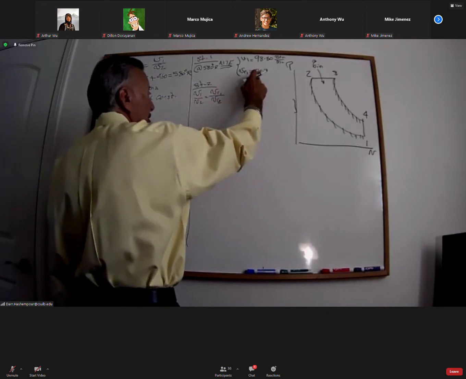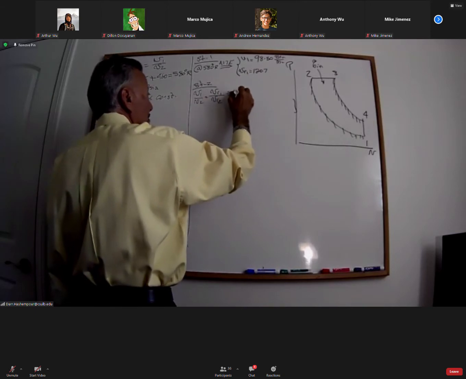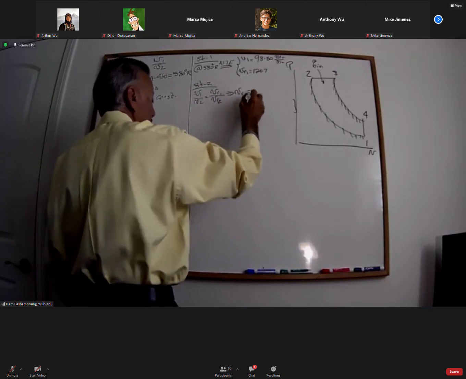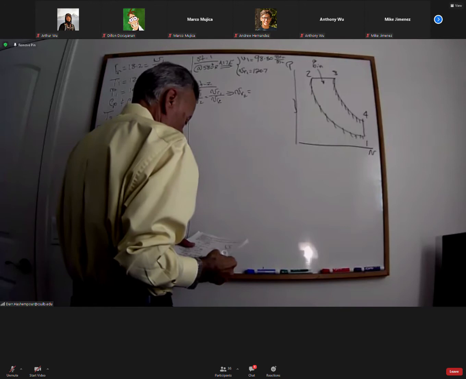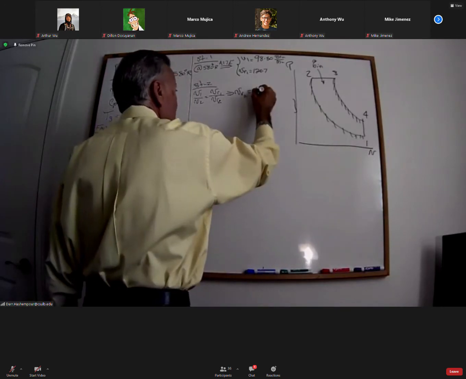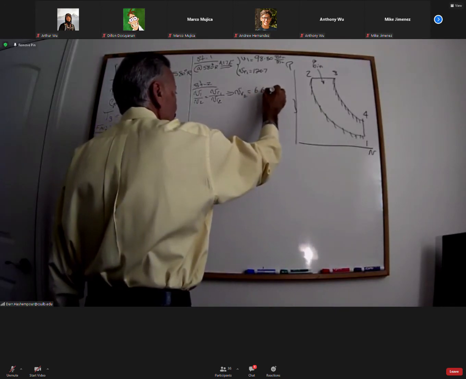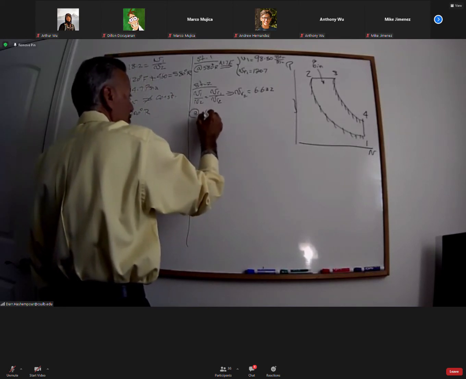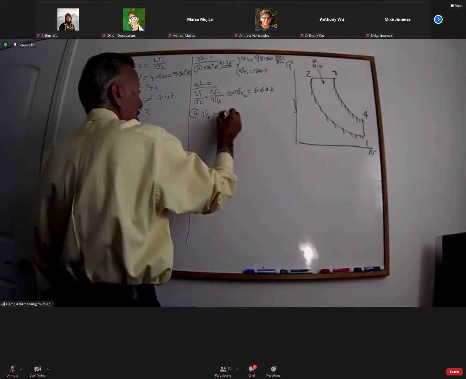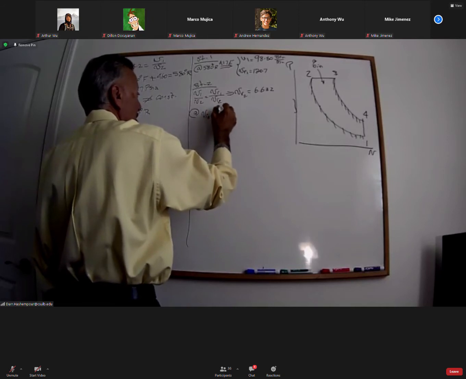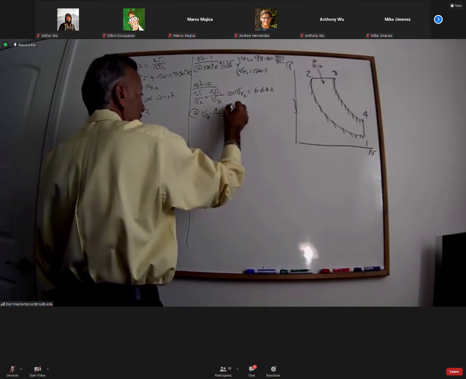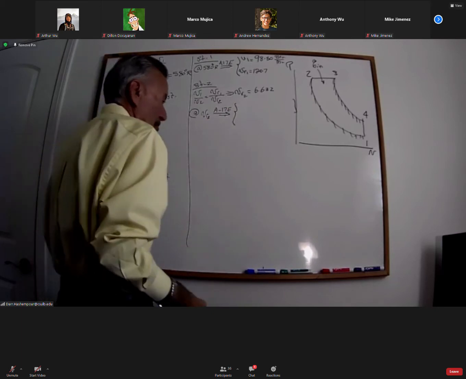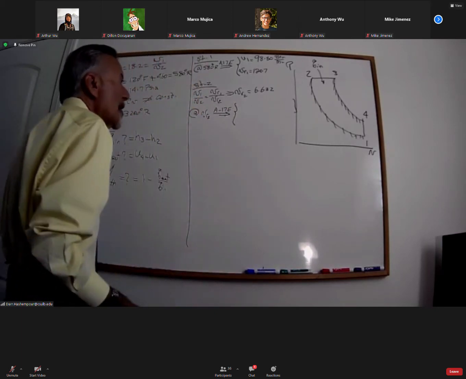VR1 is that, so very quickly I can find the VR2 to be 6.632. Now, at the value of VR2, I go back to table A17E. I need to interpolate, of course.